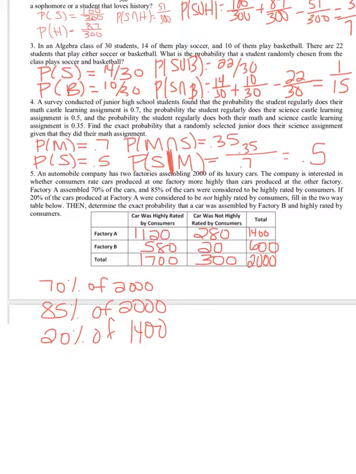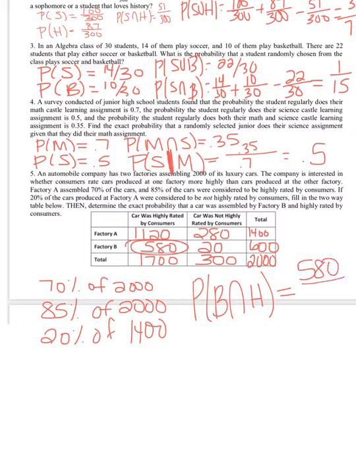All right. It says, then determine the exact probability that a car was assembled by factory B and highly rated by consumers. So we want by factory B and highly rated. Factory B and highly rated is right here, 580.